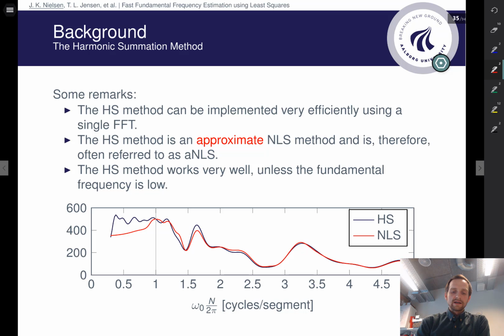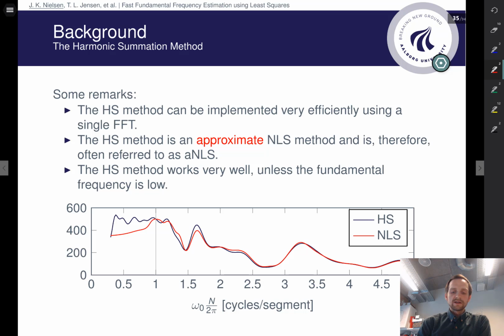One of the few cases is that when the fundamental frequency is low, then it doesn't work. It basically breaks down, and you can see why on the figure here at the bottom. The figure shows the objective function of the harmonic summation method and the nonlinear least squares method.